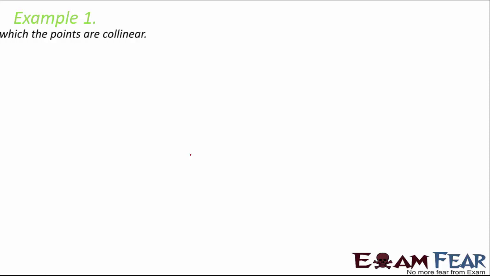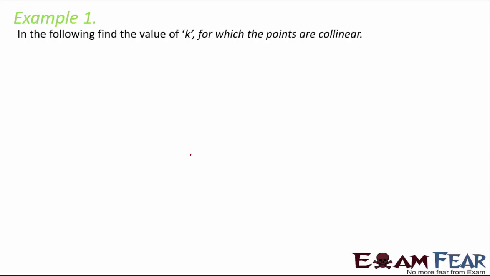Now let's look at some important questions. In the following, find the value of k for which the points are collinear. We are given the coordinates of three points. Let us call these points A, B and C. The question says that we have to find the value of k such that A, B and C are collinear, which means A, B, C should lie on a straight line.